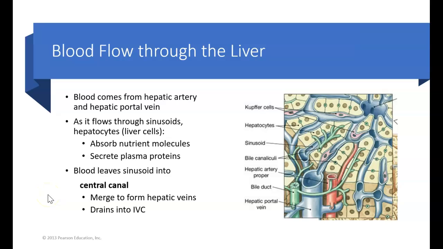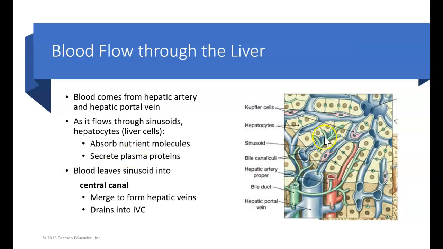Blood is going to come into the liver through the hepatic artery, which is a branch off of the aorta, bringing oxygen-rich blood to it. Blood is also going to come into the liver through the hepatic portal vein, which brings blood that's slightly deoxygenated, because it is a vein, but it has all of the nutrients in it that were absorbed through the digestive organs.